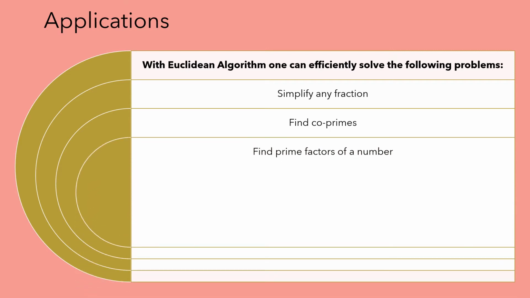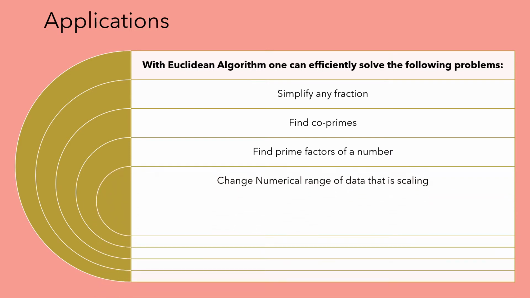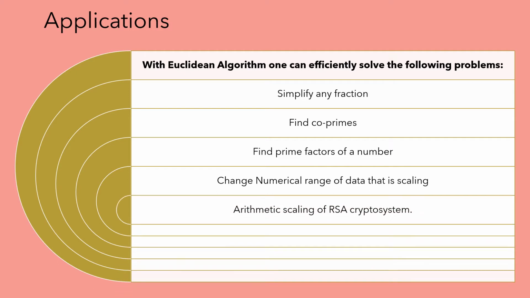The Euclidean algorithm is used to find the prime factors of a number. It is used in changing the numerical range of data, that is scaling in computer techniques, and also in cryptography. In the computer world, this Euclidean algorithm is used in arithmetic scaling for the RSA crypto system.